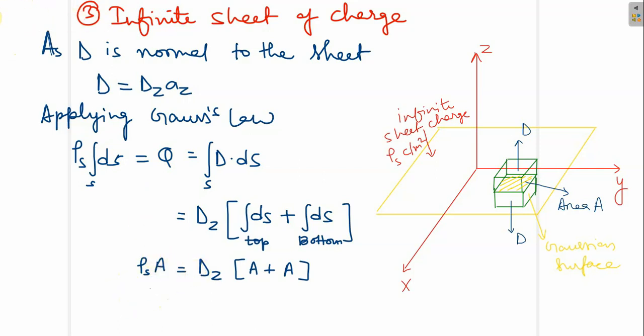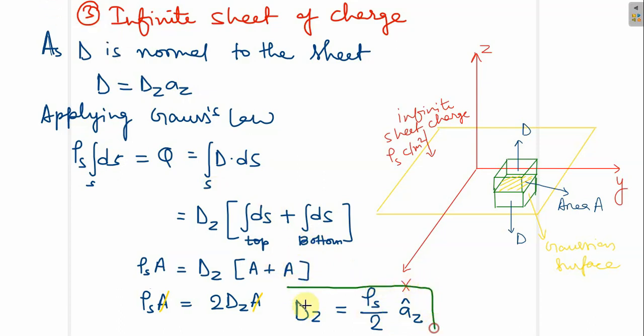So here it is rho s into A equals 2 times Dz into A. Okay, so this A and A will be cancelled. So Dz, the electric flux density due to this sheet charge, equals rho s upon 2, and the direction will obviously be az. So this is your Dz, your electric flux density due to the sheet charge.